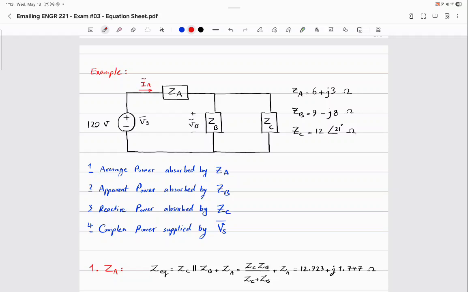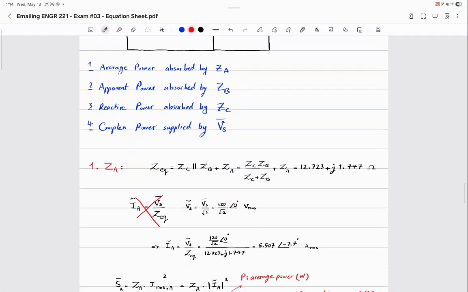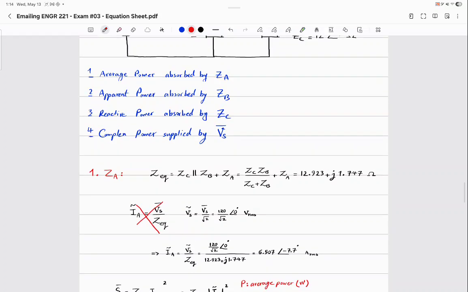Get the point? Several questions, and you have access to more than one piece of information. Will there be a problem on the test where you would solve for complex power and have solutions for several problems? It might be.